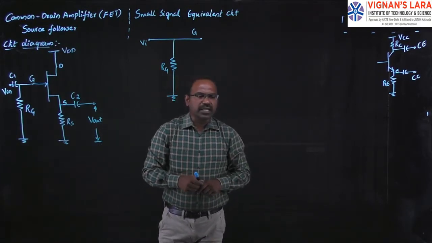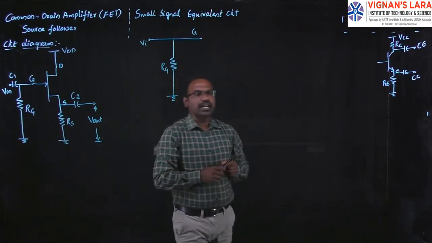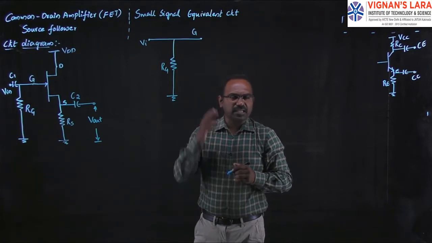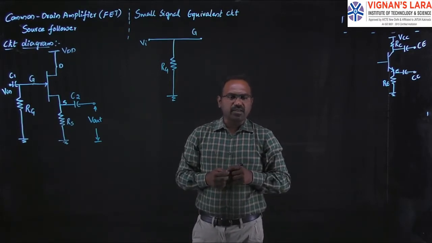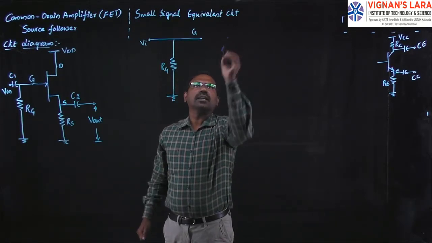Right. So the VDD should be grounded. So I am writing the equivalent circuit diagram. Between drain and source, what I am having is a current source with a magnitude gmVGS and a resistor RD. So I am taking the drain terminal.